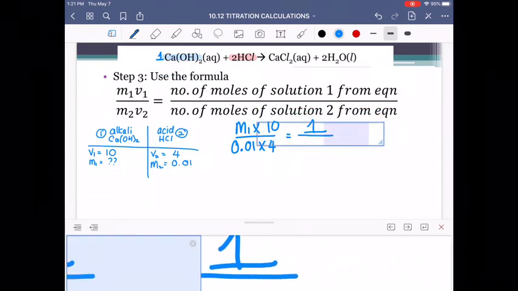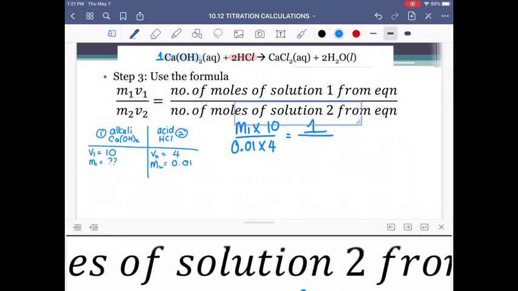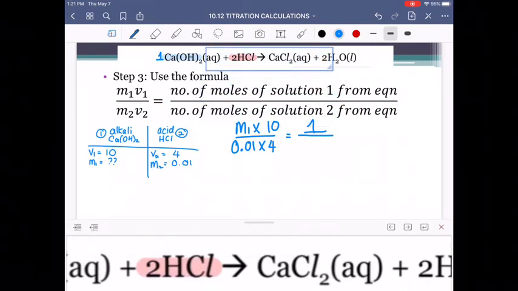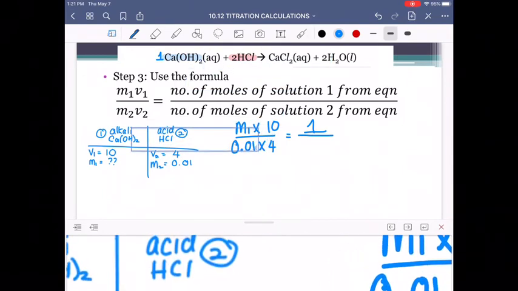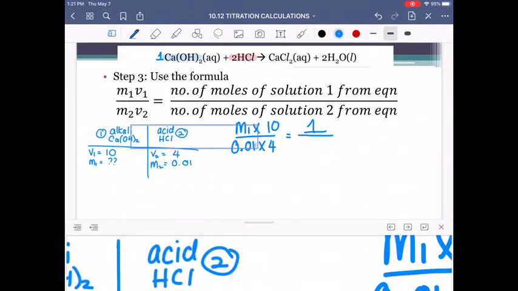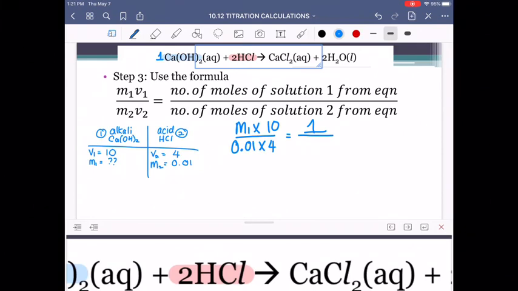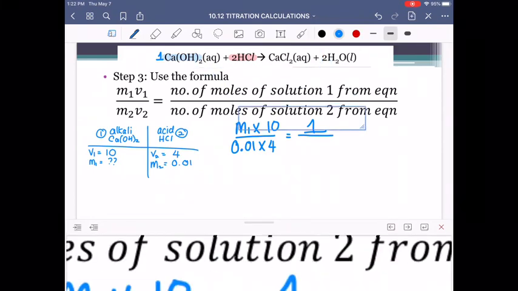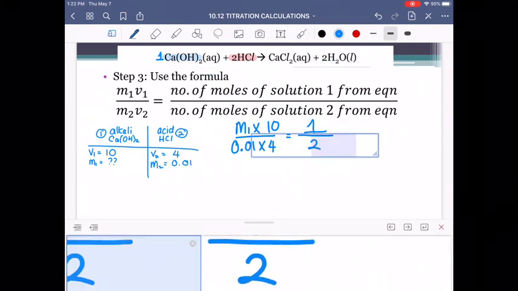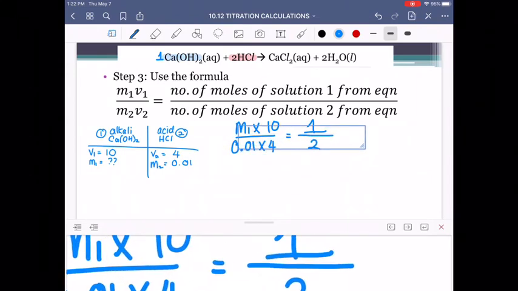Divided by the number of moles of solution 2 from the equation, and solution 2 is your acid, here. So here the number of moles is 2. I'm going to put here 2. Then we do cross multiply.